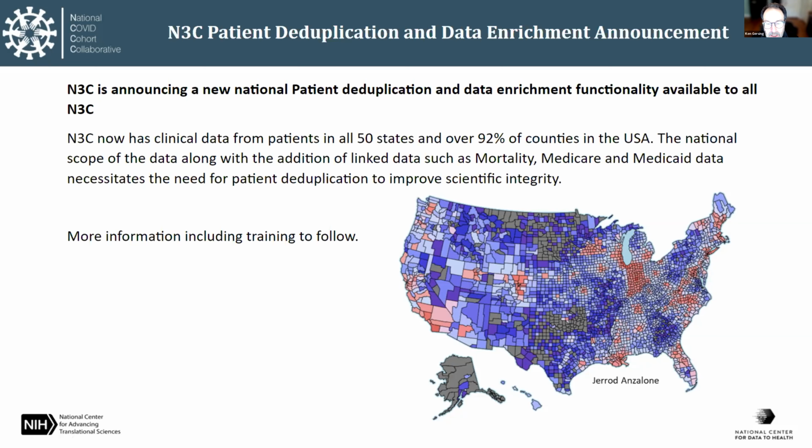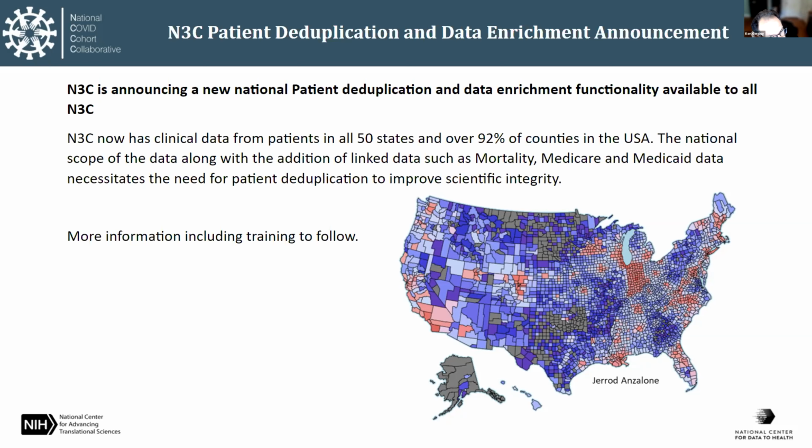So this is a map across the United States of the 3,030 counties done by Jared at Nebraska. The bottom line is everything that's colored red or blue of any color has more than 20 patients in it, which means that we have data, more than 20 patients in 2,800 or 92% of the United States now, which is pretty amazing.